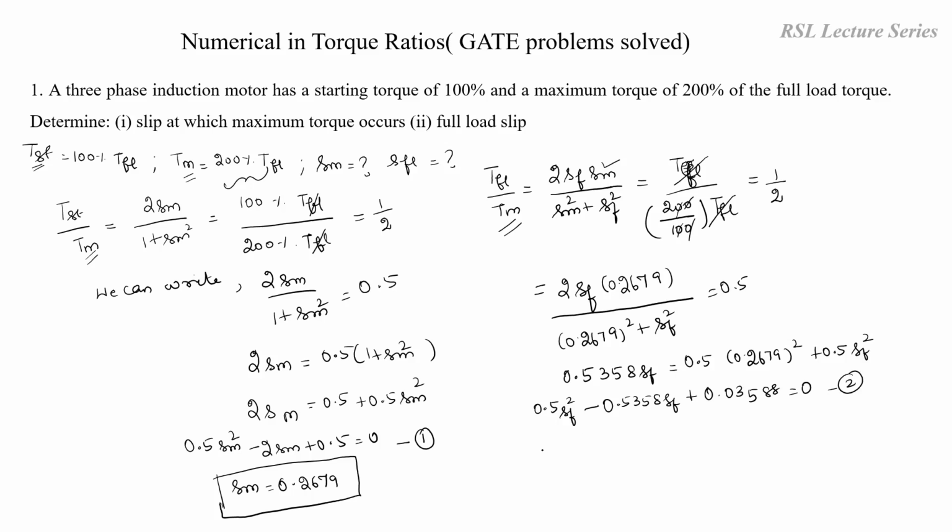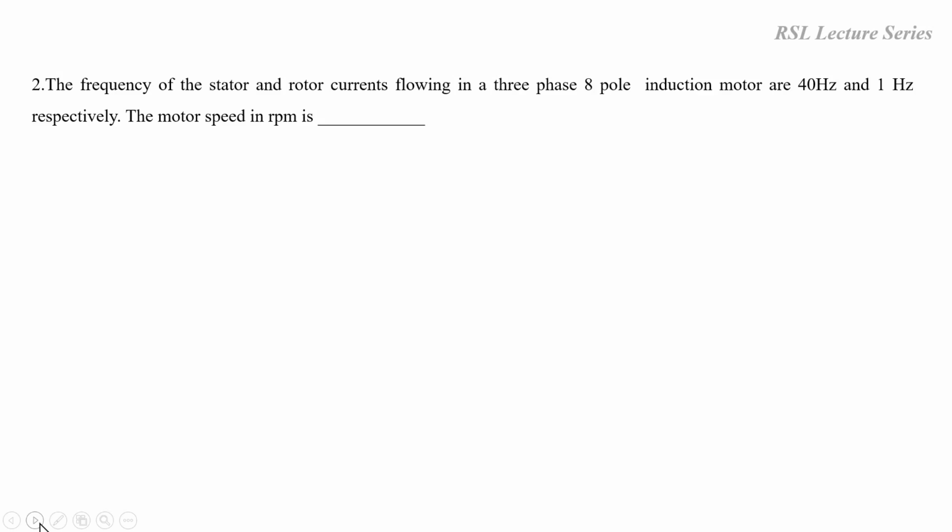On simplification, we get the slip corresponding to full load condition as 0.0717. This is the required slip corresponding to full load condition. Next, we'll solve some simple GATE problems related to the torque ratios.